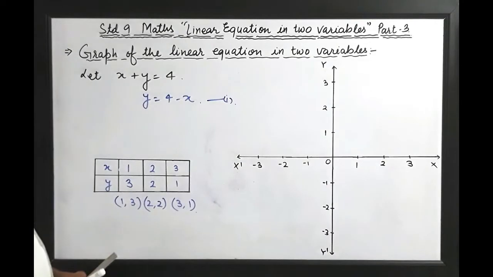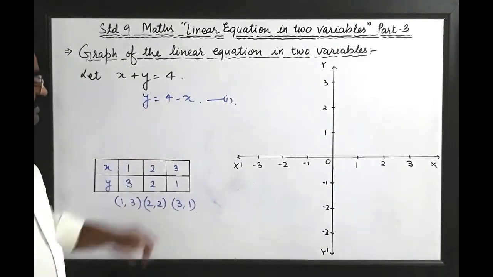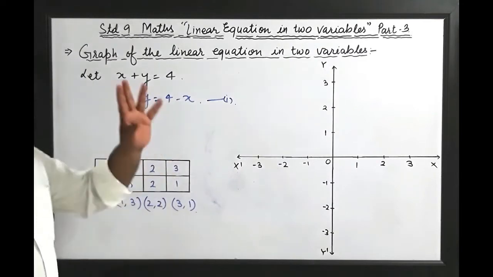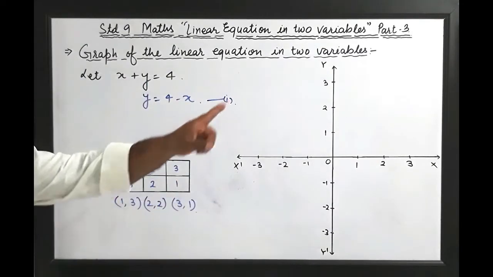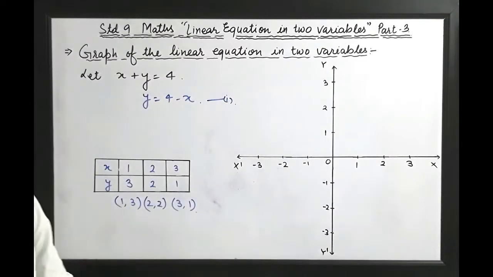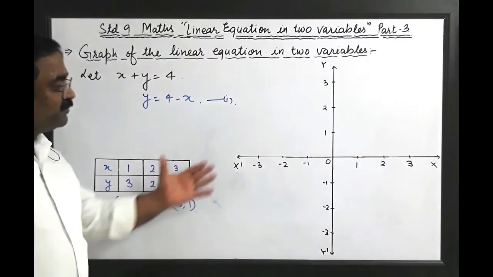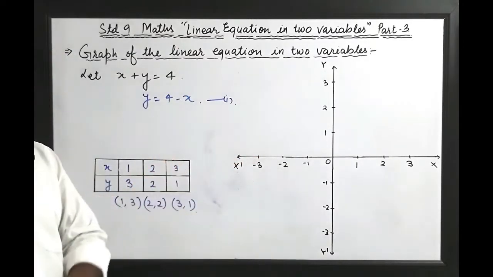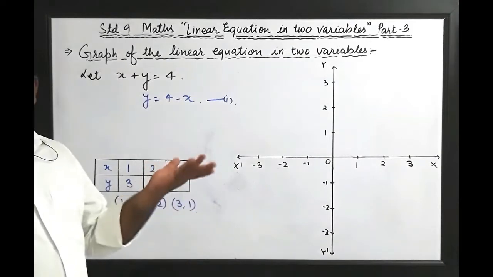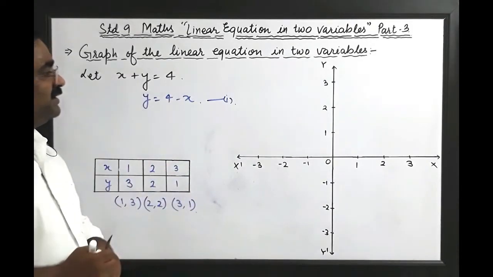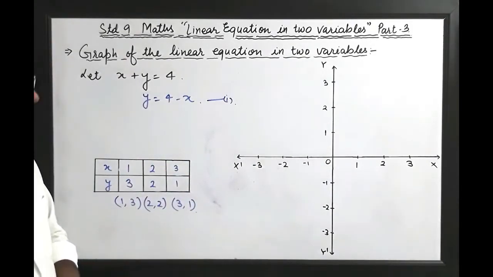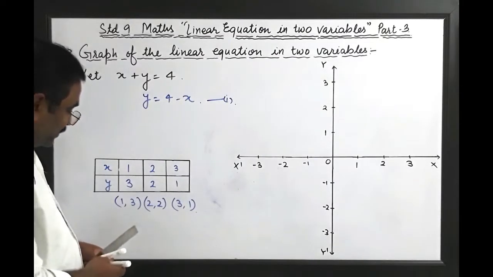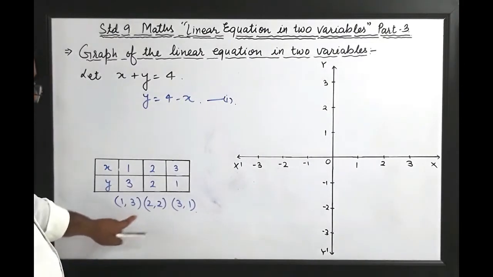Now to draw the graph of this equation, let us plot these 3 points in the coordinate plane. We plot these three points in the coordinate system and after plotting we will join them. Let us see the graph of that equation. So our first coordinate is 1, 3.